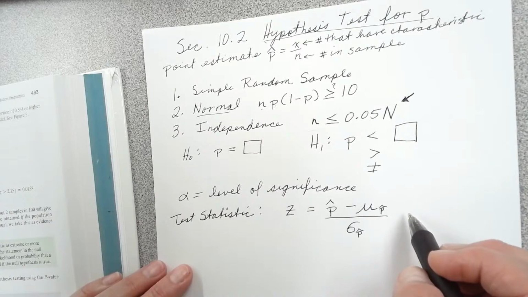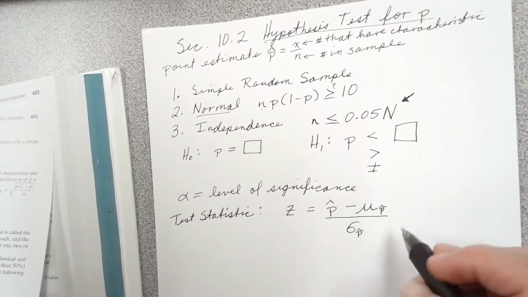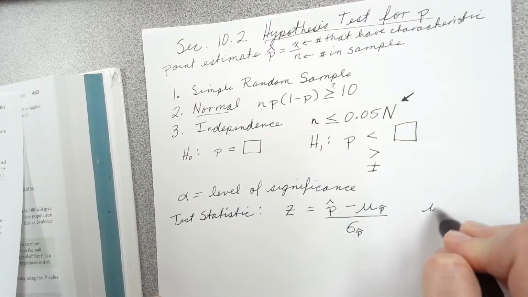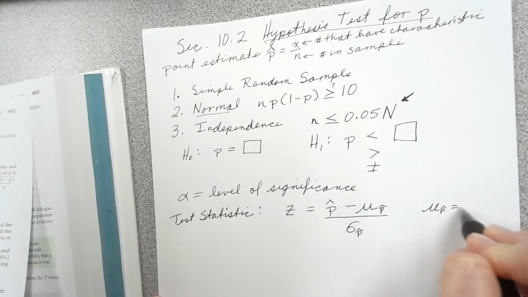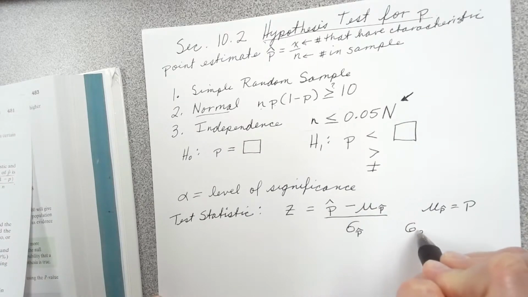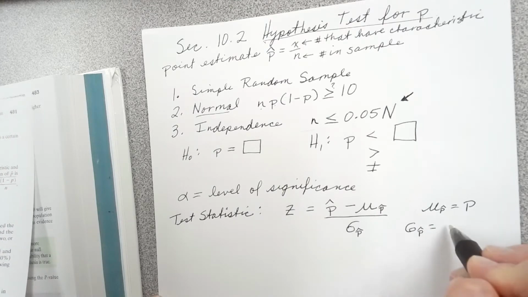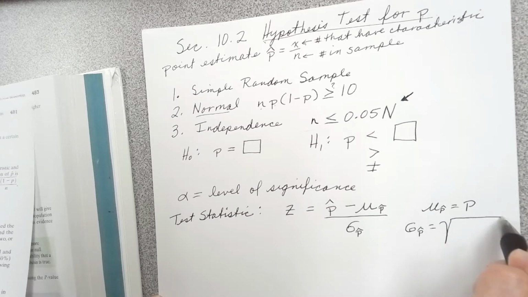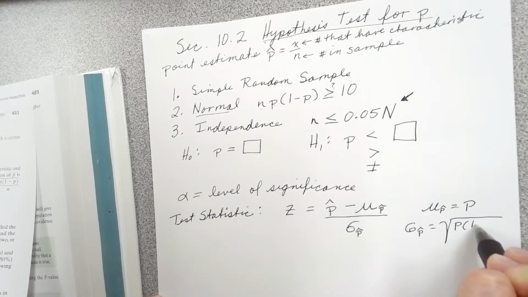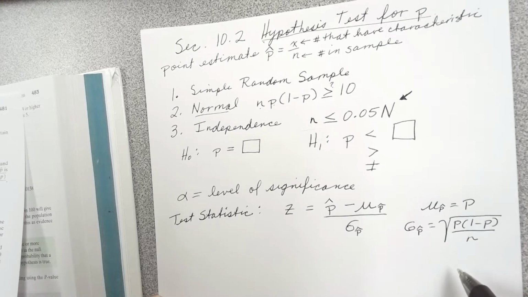Okay, so remember from the previous chapter that the mean of the sampling distribution of sample proportions is equal to P, and the standard deviation of the sampling distribution of sample proportions is equal to the square root of P times 1 minus P divided by N. Okay?